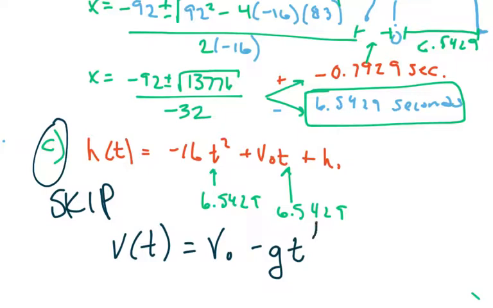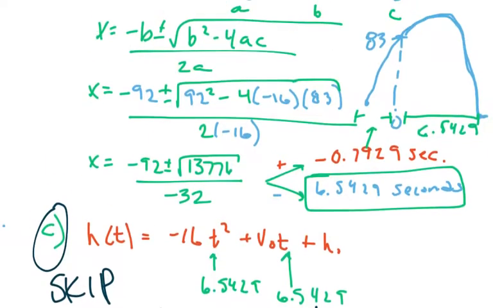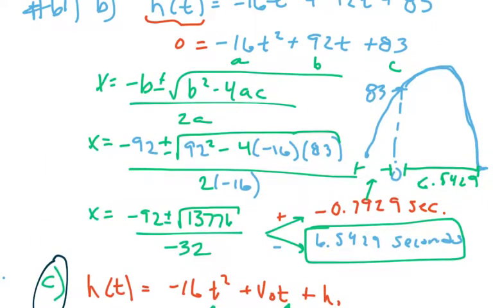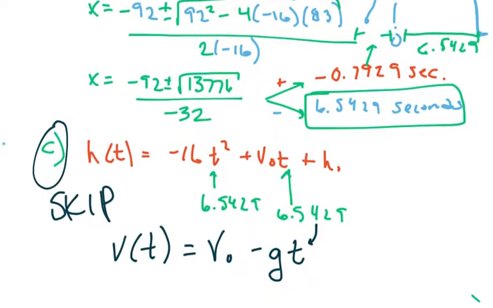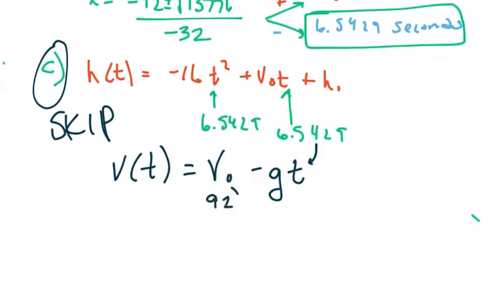So we would have put 6.5429 in for time, and our initial velocity of 92, how fast we said it was thrown up there. If you wanted to do that, you can, but you can also skip that one.